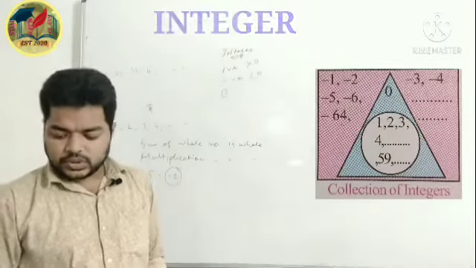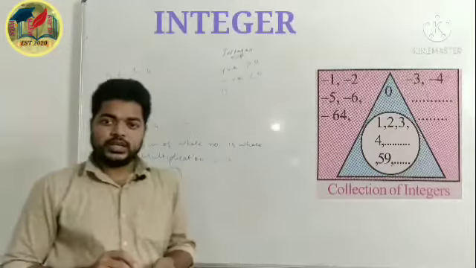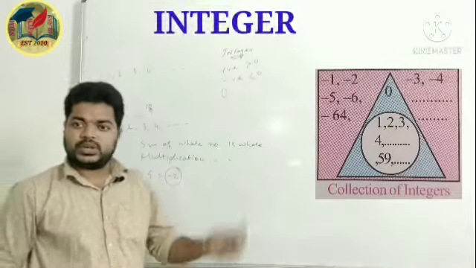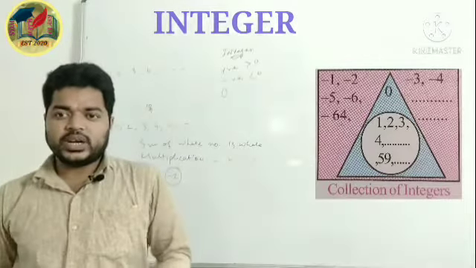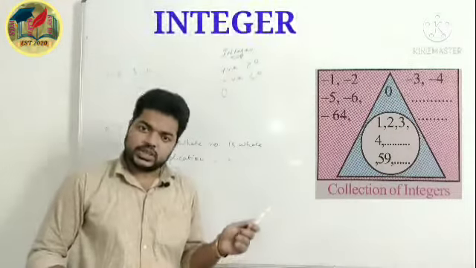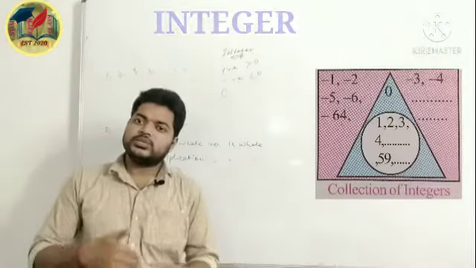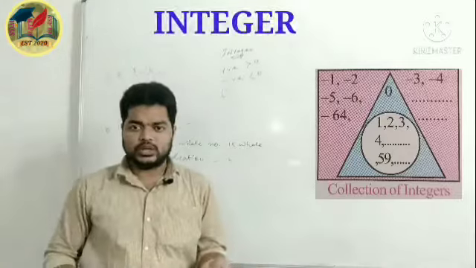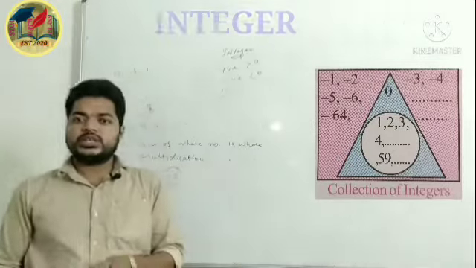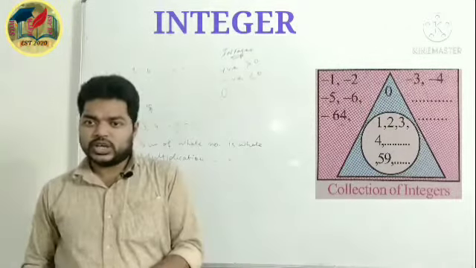Clear? 0 cannot be positive as well as negative. If we say non-negative integers, then 0 is included in this, and if we say non-positive integers, 0 is also included in the set, but 0 is neither positive nor negative.